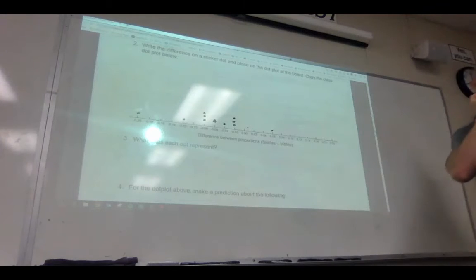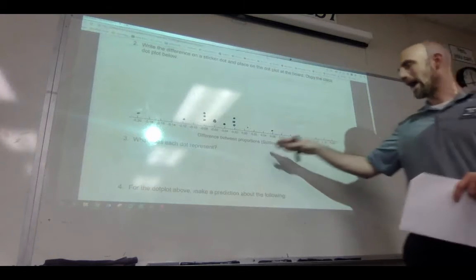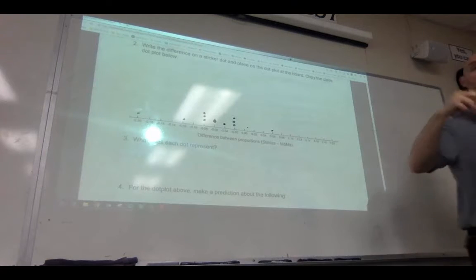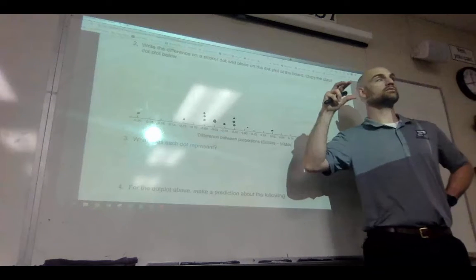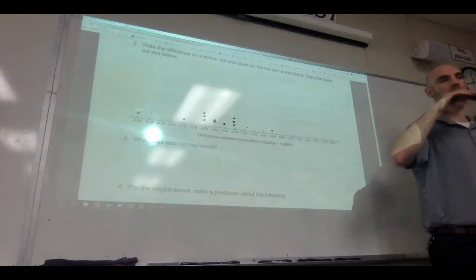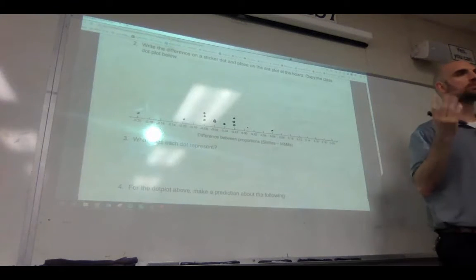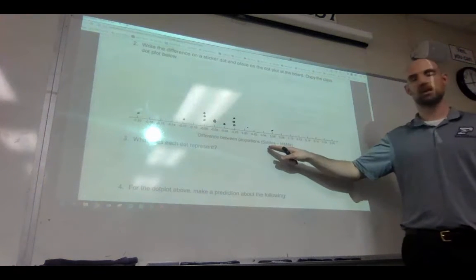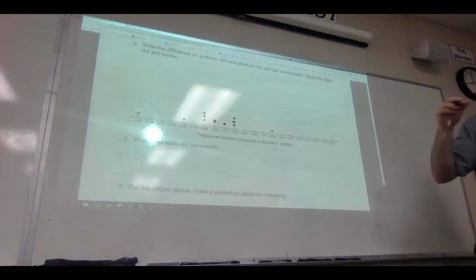I want to label a couple things here. So how can we possibly talk about these things? Well, last time we talked about a sample population, a sample proportion and a population proportion. Check this out. Here's how we're going to notate this. When we do Skittles minus M&Ms, here's what we're going to label this as.